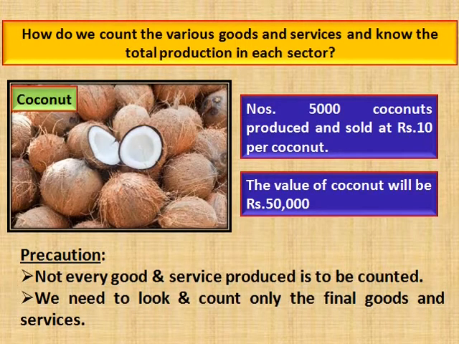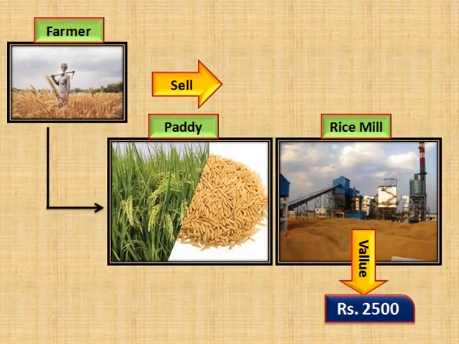Precautions. Not every good and service produced is to be counted. We need to look at and count only the final goods and services. Take for instance a farmer who sells paddy to a rice mill for 25 rupees per kilogram.